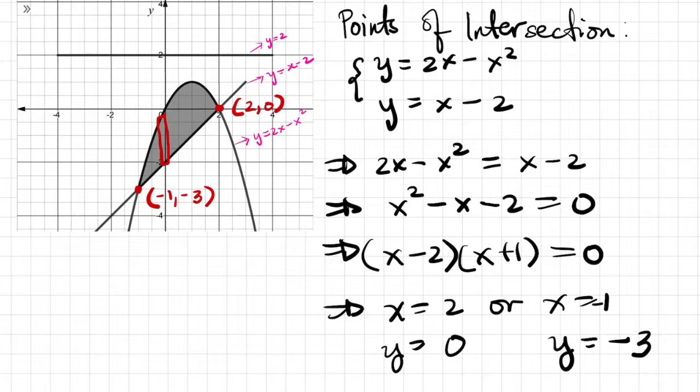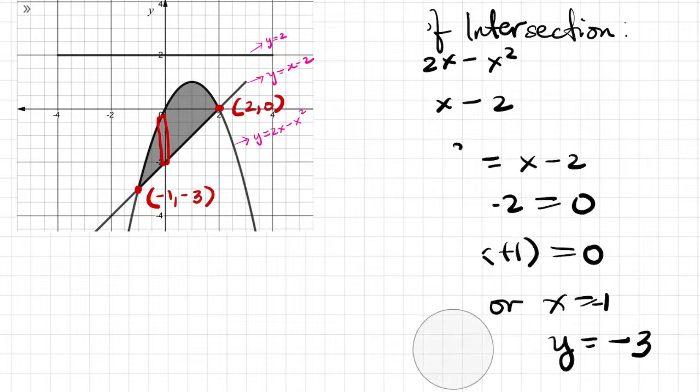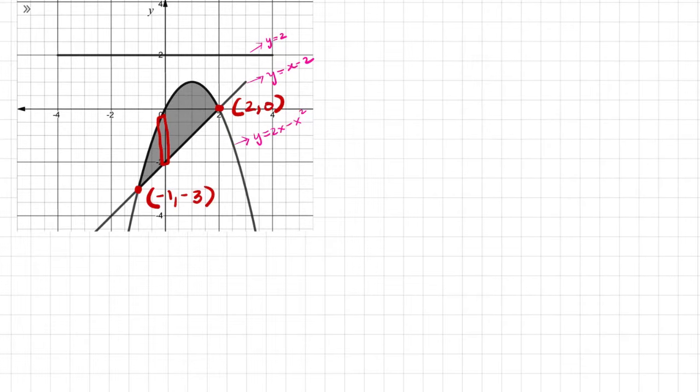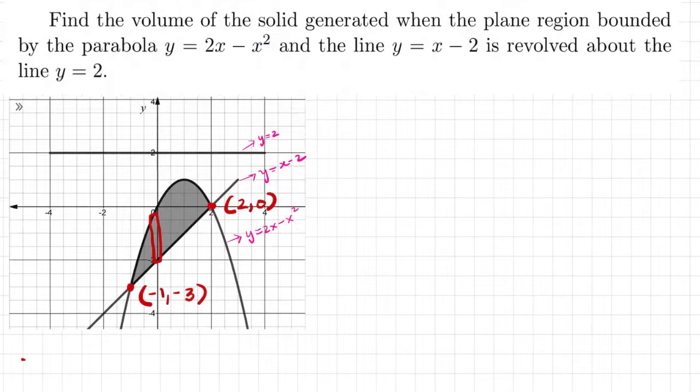So that's how you get the points of intersection. Okay? So now we can get where our interval will run. So our interval AB will run from negative 1 to 2. Why? Because these are the x coordinates of our intersections.